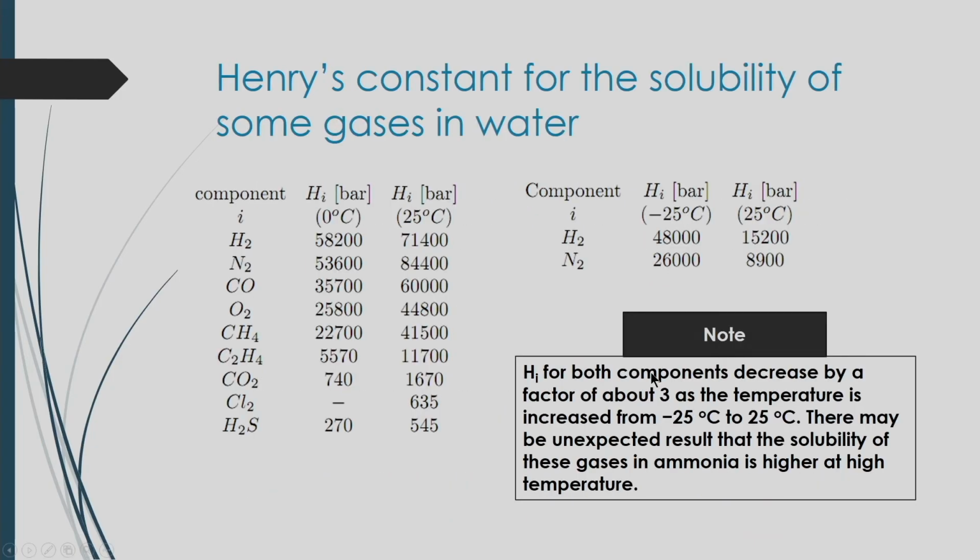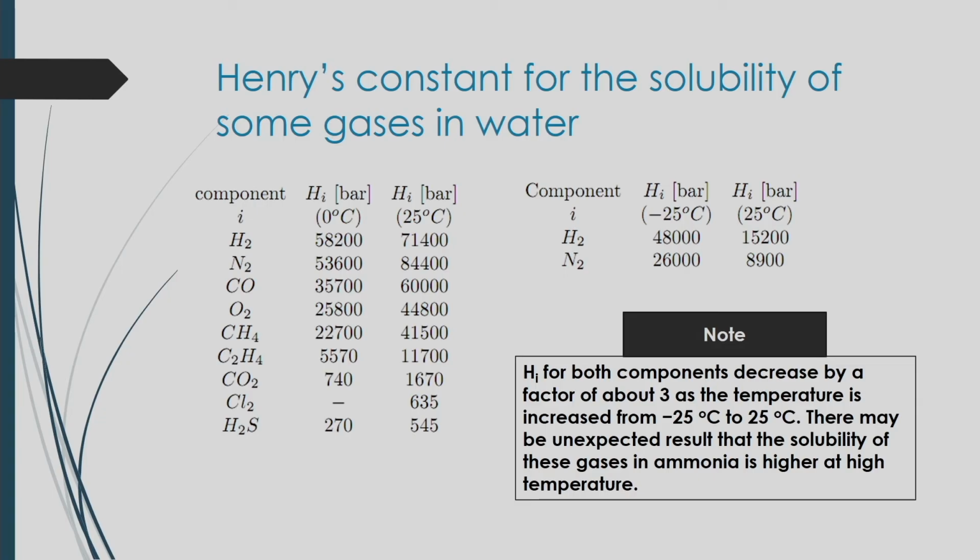Henry's constants for the solubility of some gases in water are shown in the slides: hydrogen, nitrogen, carbon monoxide, oxygen, methane, ethane, carbon dioxide, chlorine, hydrogen sulfide, at 0 degrees Celsius and 25 degrees Celsius at constant pressure.